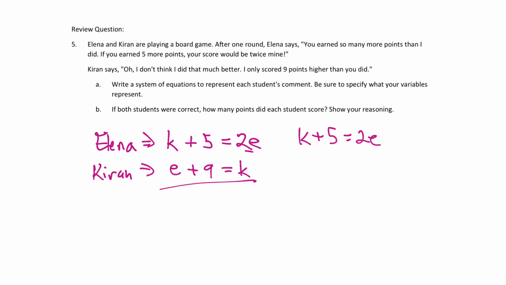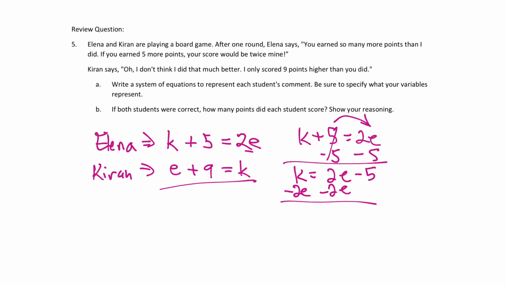I want to move the 2E to the other side and the 5 to this side, so I subtract 5 from both sides. I get K equals 2E minus 5. Now I subtract 2E from both sides, and I get K minus 2E equals negative 5. That's one of my equations.